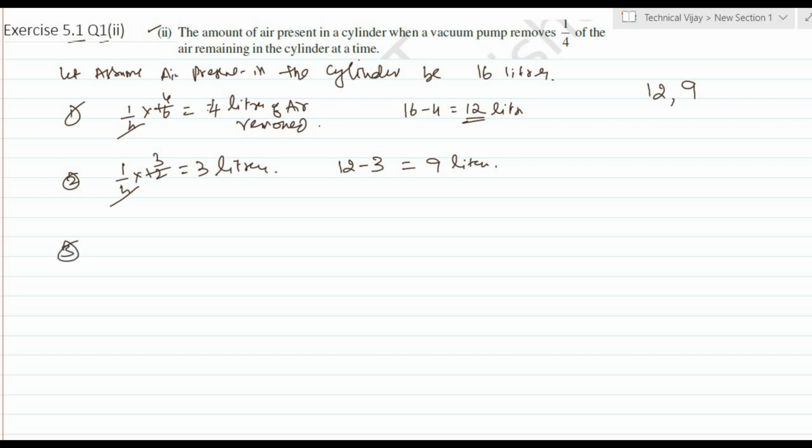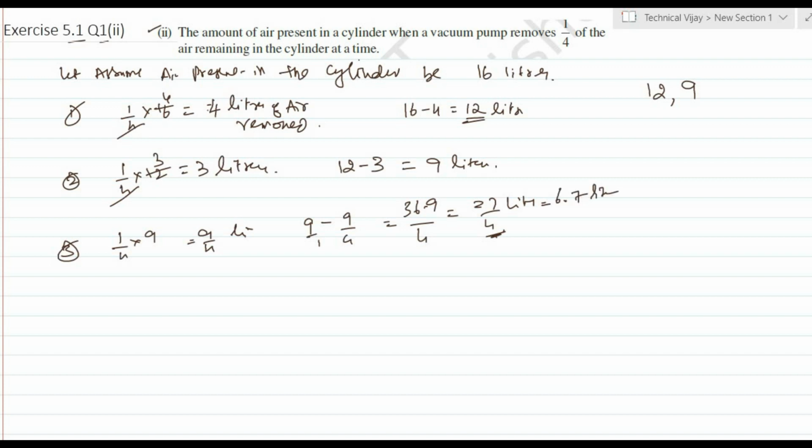For the third one, 9 liters is present, so 1/4 of 9 liters is 9 by 4 liters. 9 minus 9 by 4, take the LCM 4: 36 minus 9 is equal to 27 by 4. So 27 by 4 liters is there. Approximately what is it? Approximately 6.7.